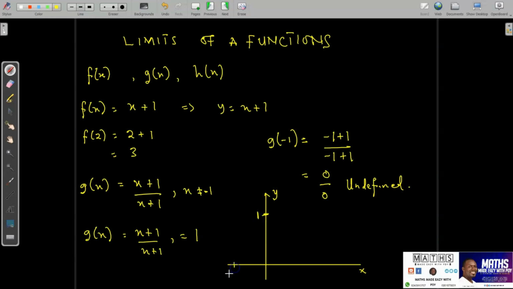I have -1 for x, +1 for x here. Now, it means at any value that you substitute into this function, which is g of x equal to x plus 1 all over x plus 1, you get the y value to be 1.